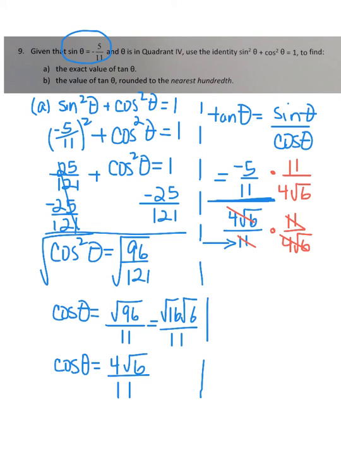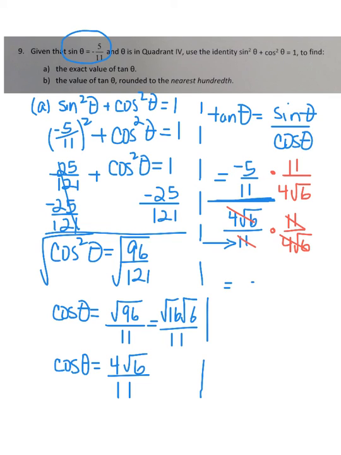By doing that, I'm going to get my tan theta, and all I'm going to do is multiply across. But I do see that I have 11s here that can cancel out. So this 11 and this 11 will cancel out, and that's just going to leave me with negative 5 over 4 radical 6.